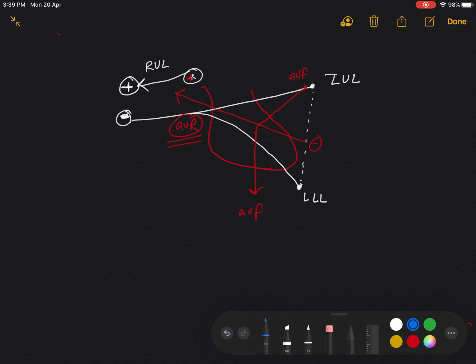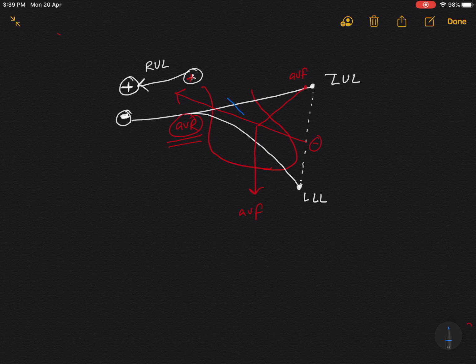So if we see the atrial depolarization, this is the net atrial depolarization. In AVR, the direction of the atrial depolarization vector is from positive towards the negative. So there will be a negative P wave in the AVR electrode.